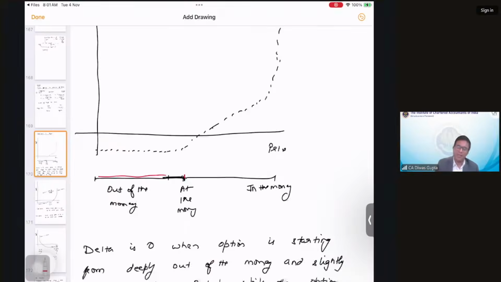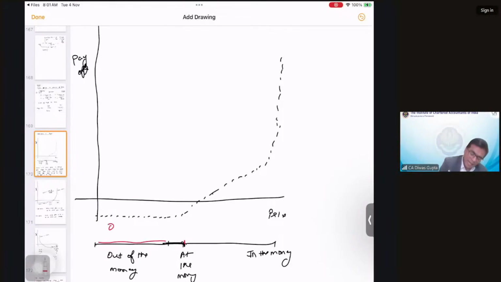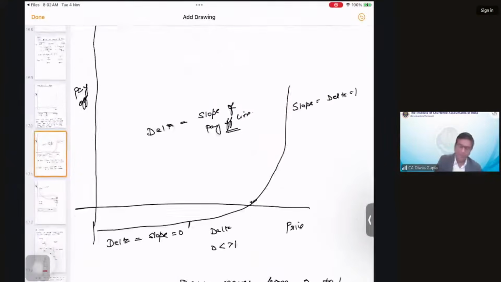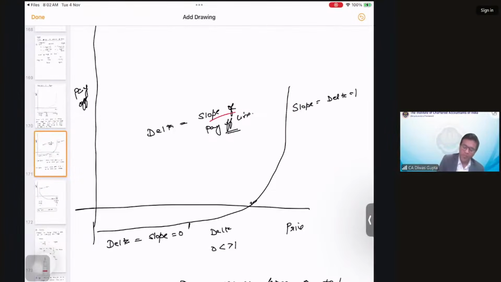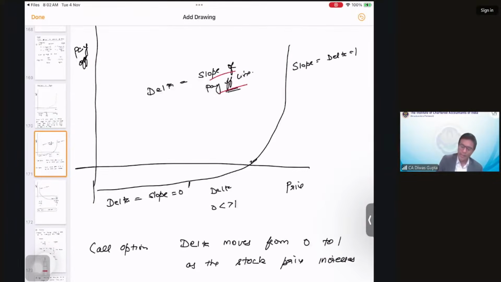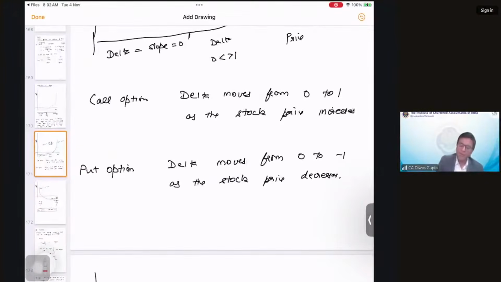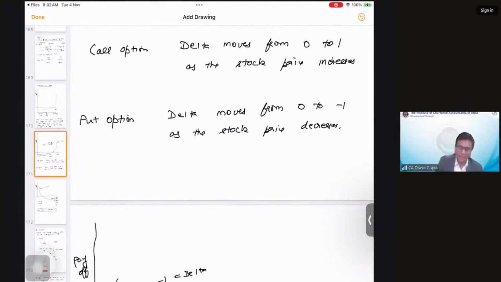So here the delta is 0 and here the delta becomes 1. It increases from 0 to 1 as the price keeps on increasing. Clear? The slope of the payoff line is called delta. Delta moves from 0 to 1 as the stock price increases.